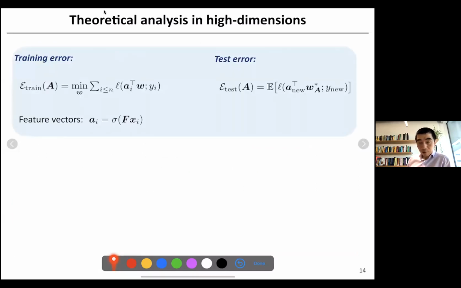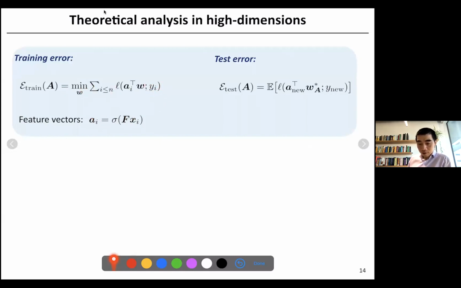So in particular, we care about two quantities. The first quantity is the so-called training error, meaning that suppose you are given a collection of training samples. In this case, these are the training samples xi, i from 1 to n, and n labels yi. We want to know the minimum value of this optimization problem.